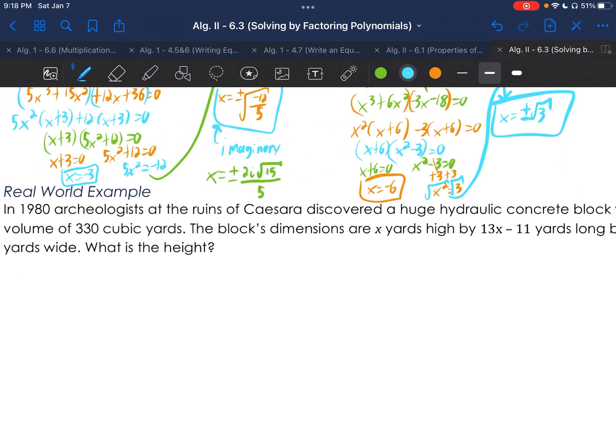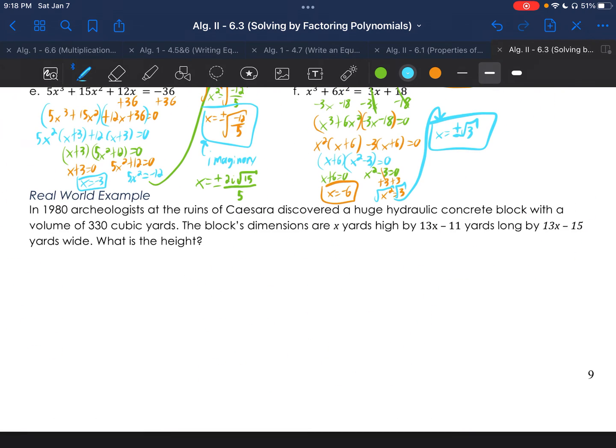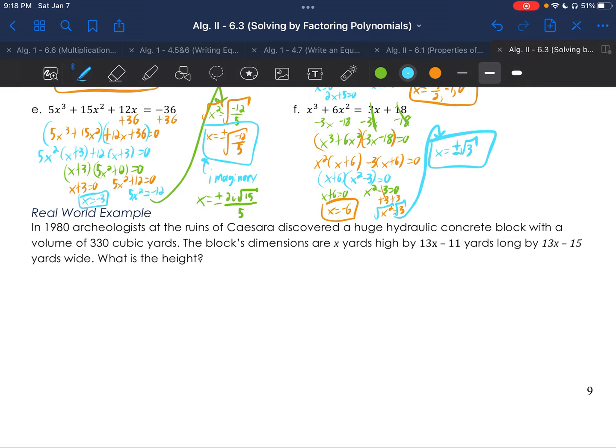All right, last but not least, a real-world example. So, in 1980, archaeologists at the ruins of Caesarea discovered a huge hydraulic concrete block with a volume of 330 cubic yards. The block's dimensions are x yards high by 13x minus 11 yards long and 13x minus 15 yards wide.